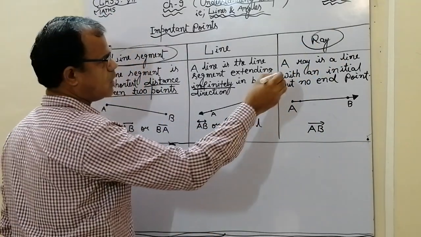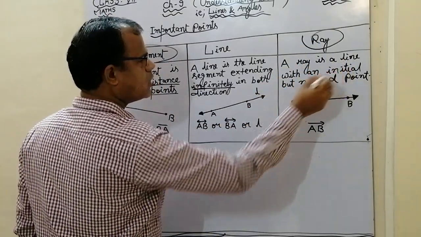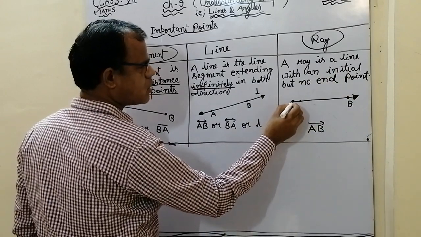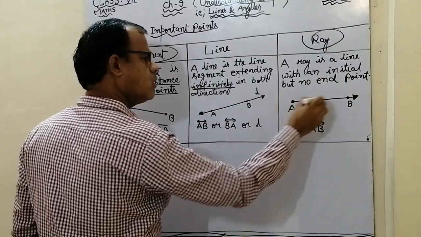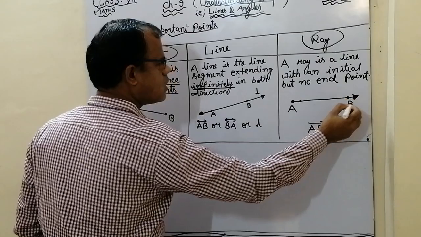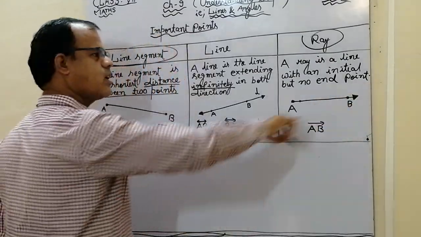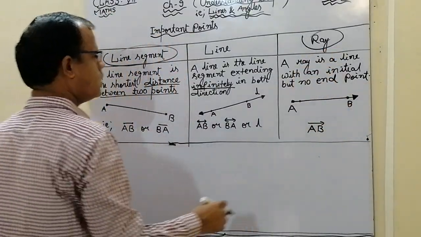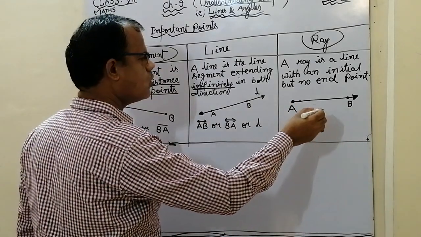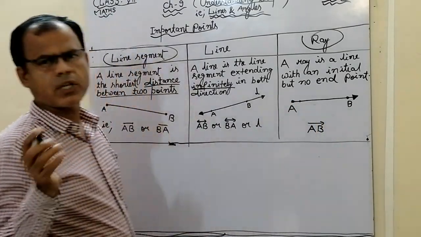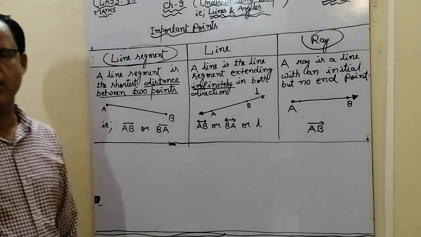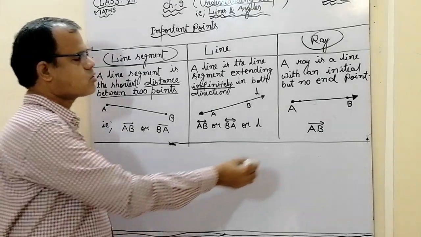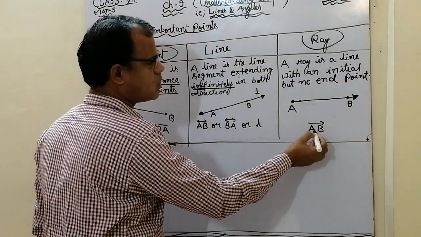A ray is a line with an initial point. This is a starting point, and here an arrow is there, so in that direction we can extend it infinitely. As an example you can say sun ray also. So this represents ray AB.